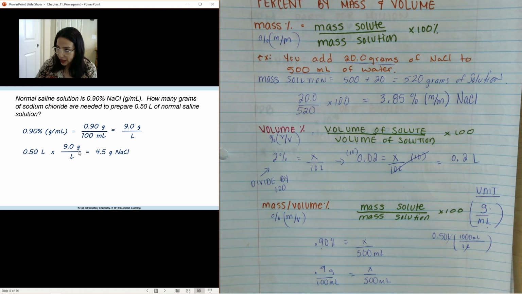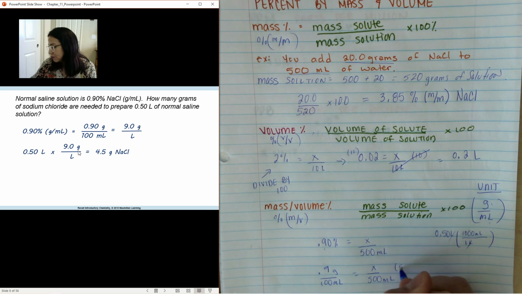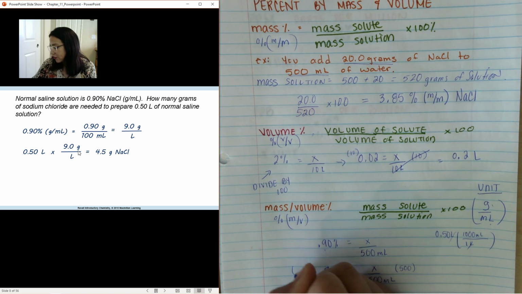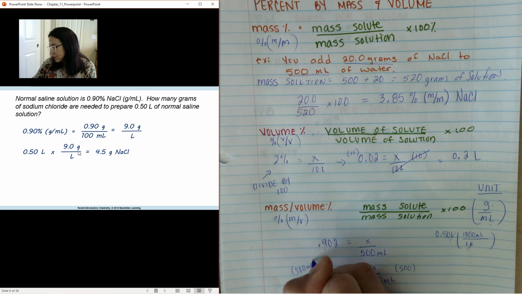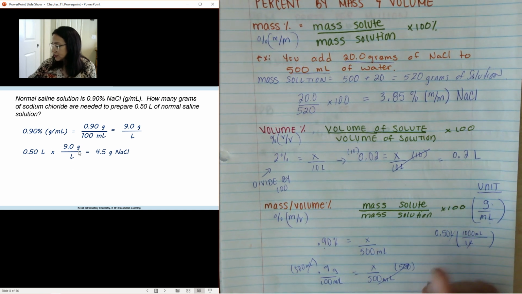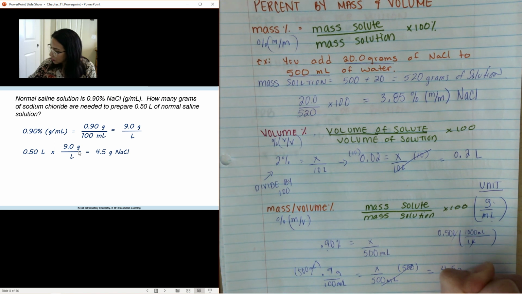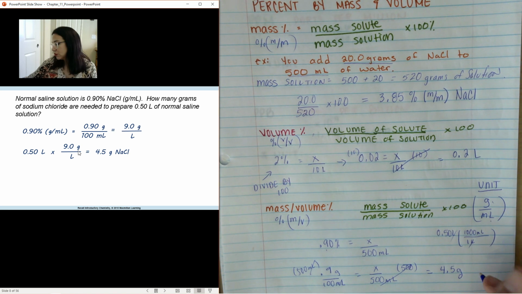So we have 0.9 divided by 100 multiplied by 500, and I get 4.5. I multiplied it by 500 because I'm isolating my X, so I'm multiplying both sides by 500 milliliters. Milliliters cancels out. When we do our mathematics, we get 4.5 grams of sodium chloride.